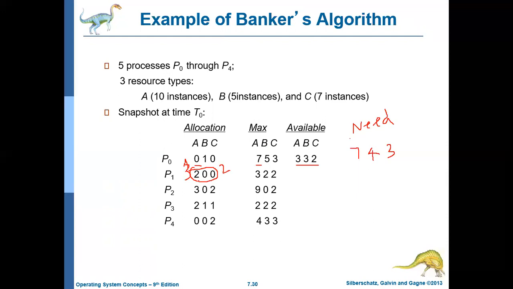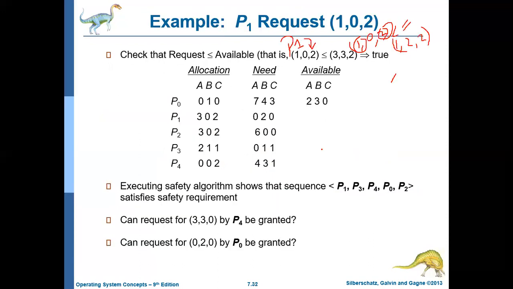So it will become 302. And what will happen to available? This 3 will become 2 because one resource from available was given to P1, and this 2 will become 0. Okay, so that is how here we got 230, and here we got 302.